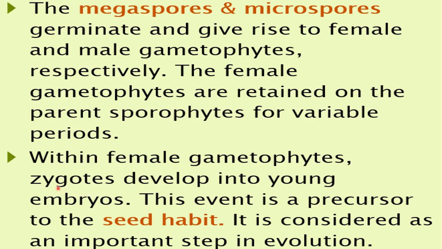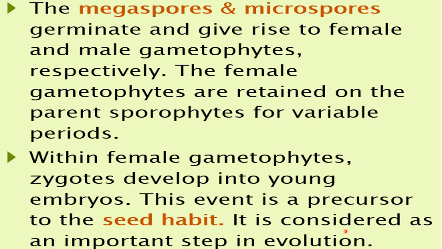Because here the zygote development is occurring inside the female gametophyte, it can be said that the plant is moving towards a seed habit. And in the next division of the plant kingdom seeds are formed. So this can be called a precursor to the seed habit.